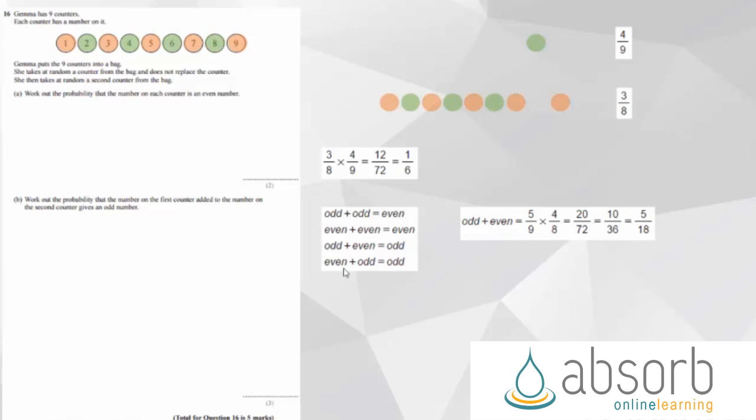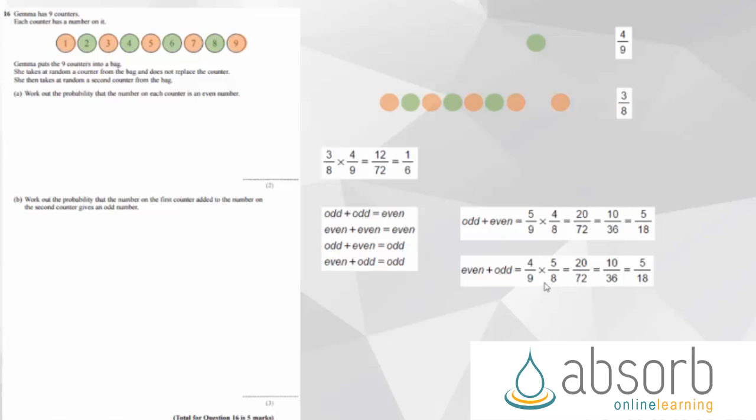Now, the other method by which we can get an odd number is if we first of all pick out an even followed by an odd. The chances of getting an even, as we worked out earlier on in the question, is 4 over 9. Now, if we've taken out the even number, we will be left in the bag with 5 odd numbers, 3 even numbers, so that's 5 out of 8 chances of picking an odd number.